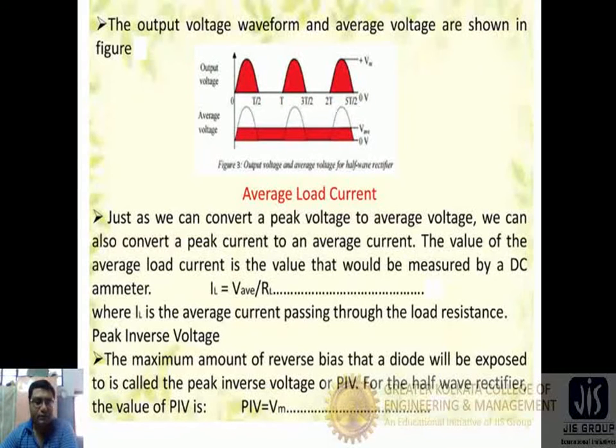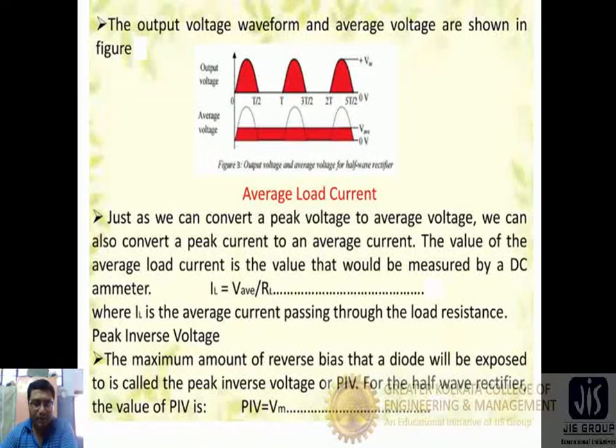So IL, the load current through the load resistance, equals V average by RL, where RL is the load resistance and V average is the average voltage, and IL is the average current passing through the load resistance.